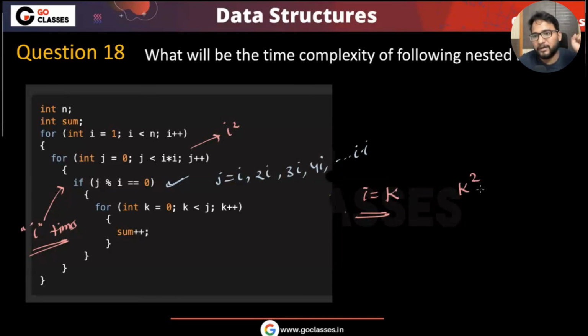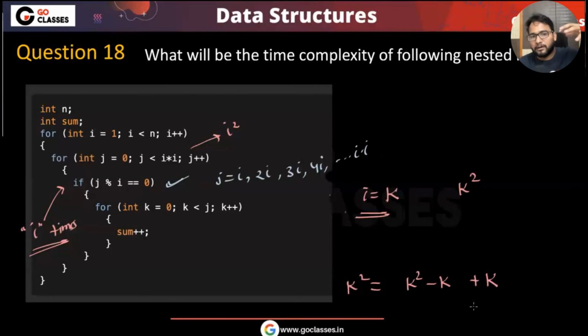Is this clear? For i equal to k, this is going to run k square times, right? Now let me divide this k square into two parts. Let me just say that k square is nothing but k square minus k plus k. Is this okay? I'm just rewriting this k square.